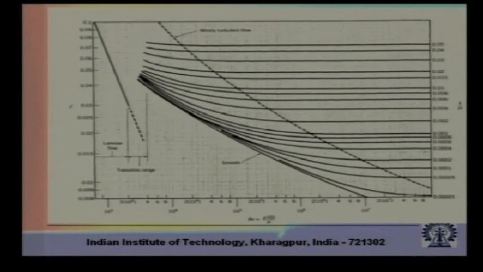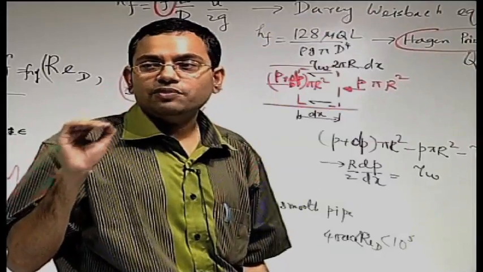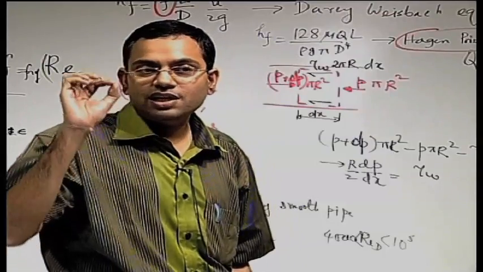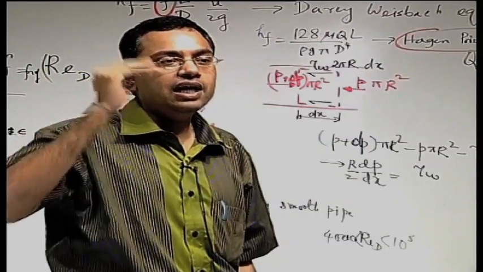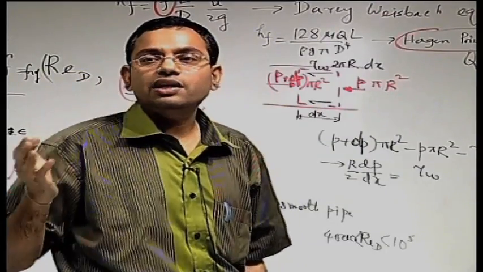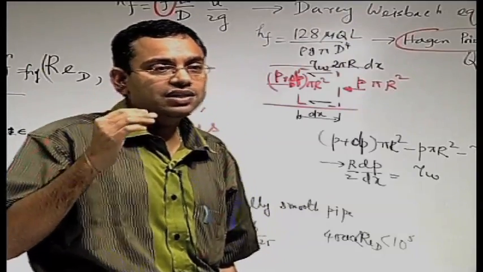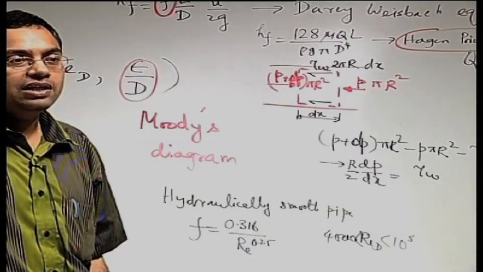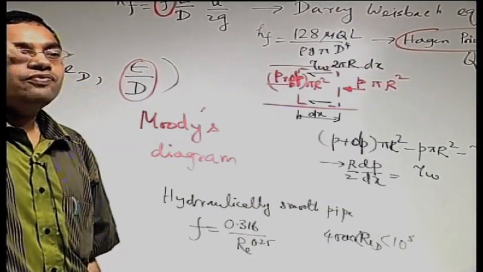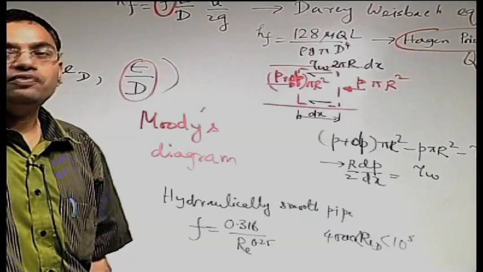If you have a turbulent flow, at a very high Reynolds number or whatever Reynolds number it is, adjacent to the wall the flow is laminar, and that layer where it is laminar is known as the viscous sublayer. The viscous sublayer becomes thinner and thinner as you increase the Reynolds number. So then what happens? If the viscous sublayer becomes thinner and thinner, then the outer flow is exposed directly to the wall roughness elements.